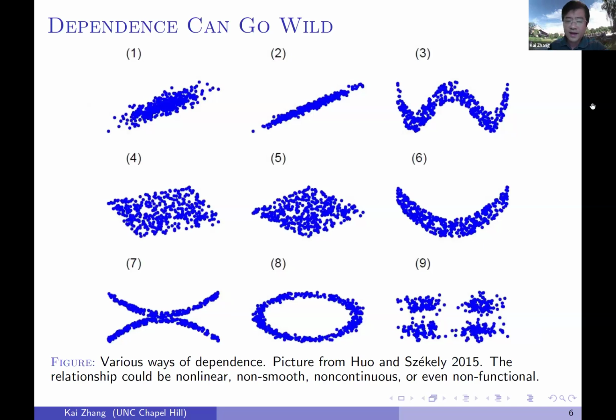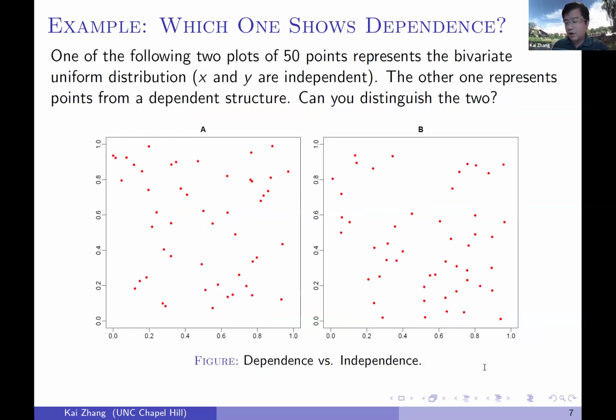One reason is that under this distribution-free non-parametric setting, dependence is something that can go really wild. I'm borrowing this picture from this paper showing that the form of relationship can be nonlinear, non-smooth, non-continuous, and even sometimes non-functional.